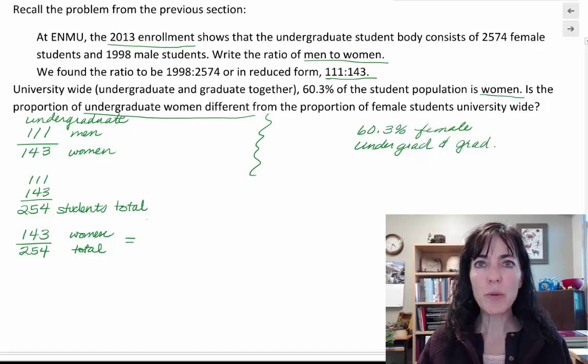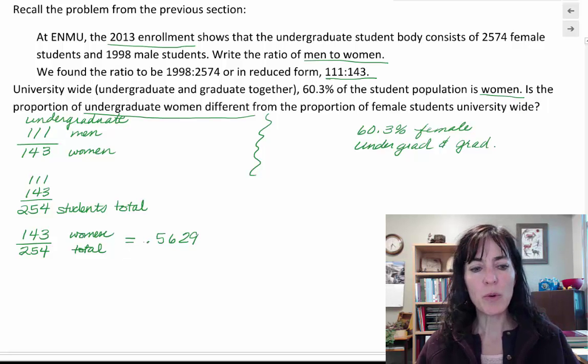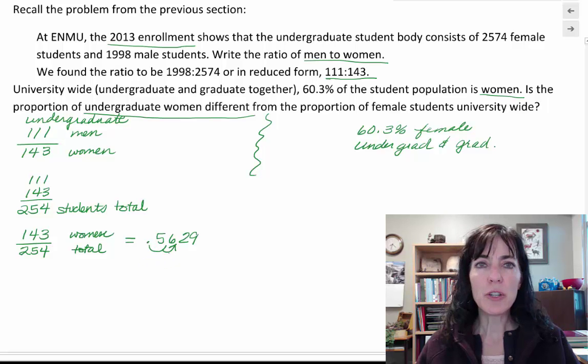So 143 divided by 254, and I get 0.5629, which I need to multiply by 100 or move my decimal two places to the right to turn it into a percent, and then the digit after the 9 is another 9.